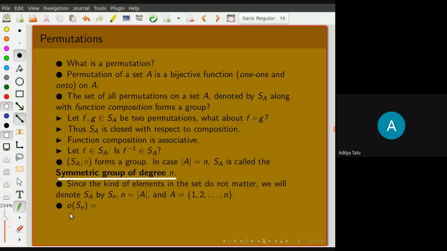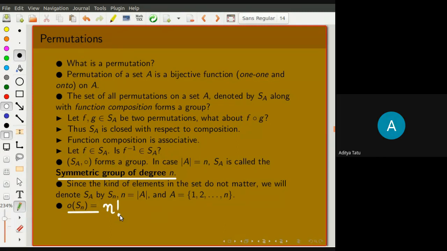I think this is a trivial question, which someone already answered. What is the order of this group, S_n? It is n factorial, not n. How do you show that? Because the number of permutations is n factorial.